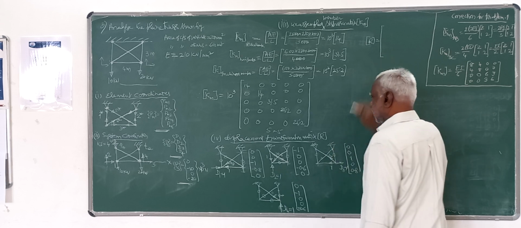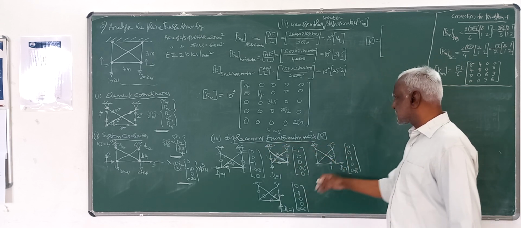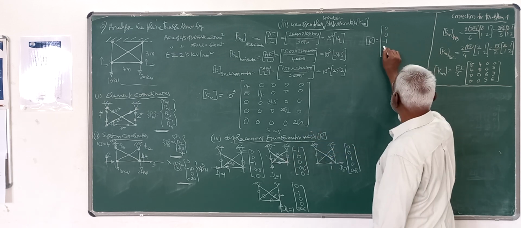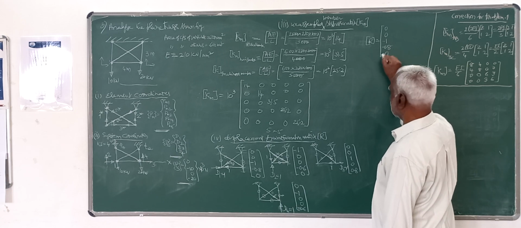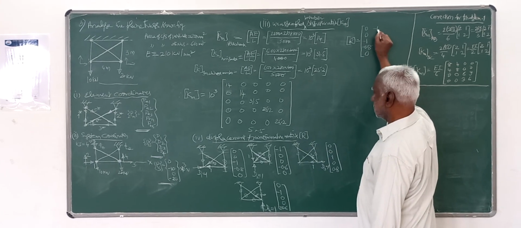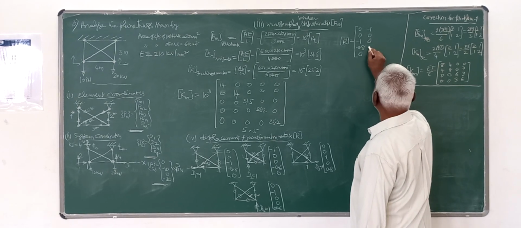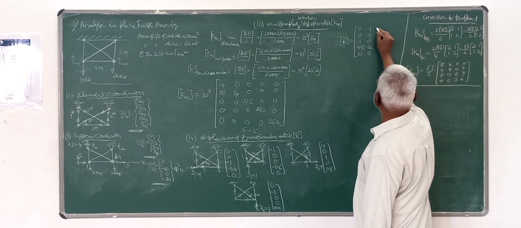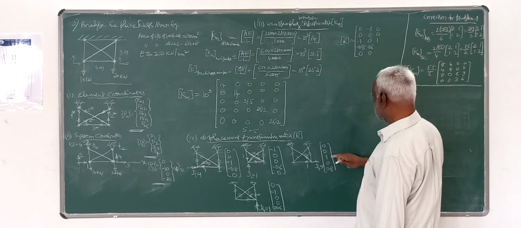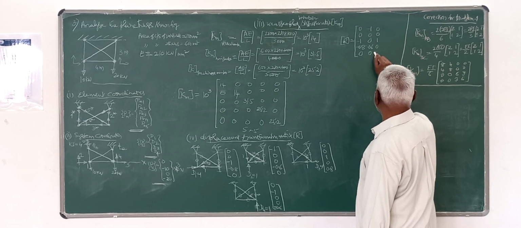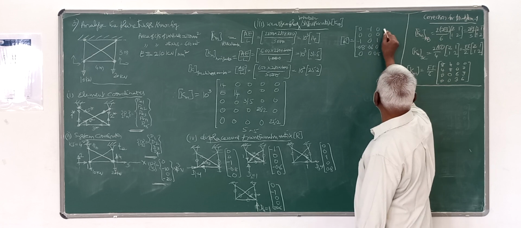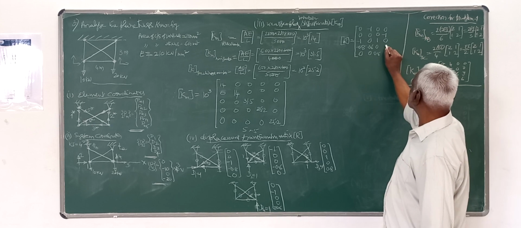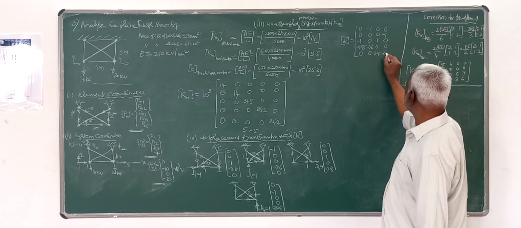So therefore, what the R matrix is nothing but you combine all these: 0, 0, minus 1, minus 0.8, 0, then minus 1, 0, 0, minus 0.6, then 0, then 0, 0, 1, 0, then 0.8, then lastly 0, minus 1, 0, 0, then minus 0.6.